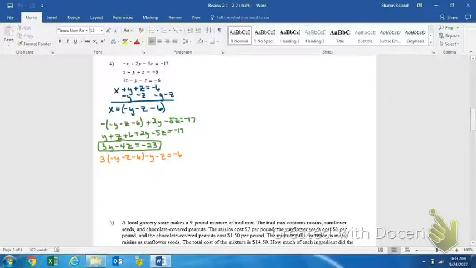I'm going to distribute that 3 to all three terms, so that's negative 3y minus 3z minus 18 minus y minus z is negative 6.